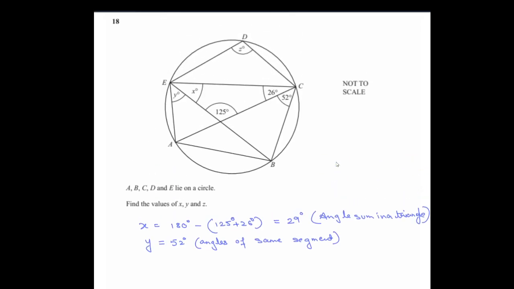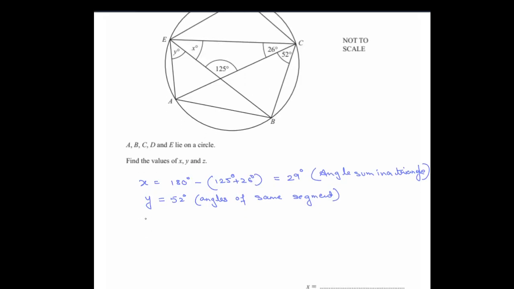Now z. When you see z here, you can take this cyclic quadrilateral DC BE or BE DC. So for that we need to know the opposite angle of the angle Z. So this angle is that. So angle EBC we will find out taking the triangle EBC. In triangle EBC, angle EBC will be 180 minus, we got the x value, right?